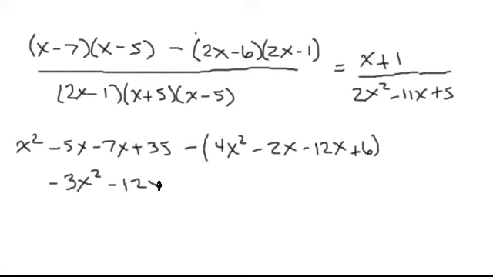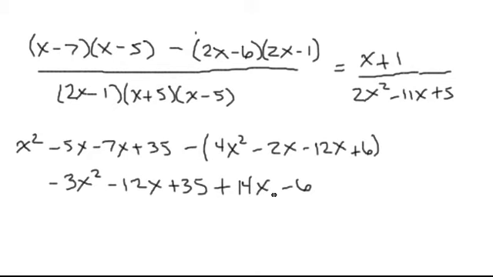Let's just go one step at a time. Plus 35. I've already used this x up. Let's see, this is going to be 12 and 2 is 14, negative 14. Distributing this negative across, that becomes plus 14x and then minus 6.